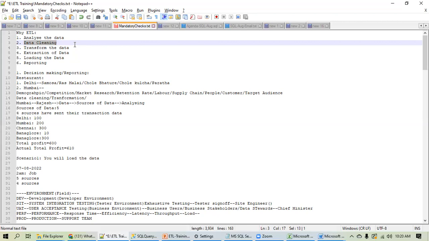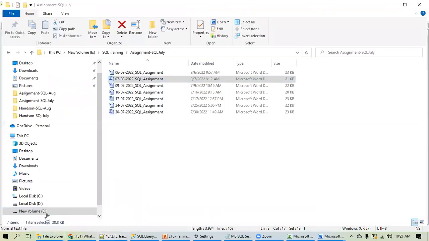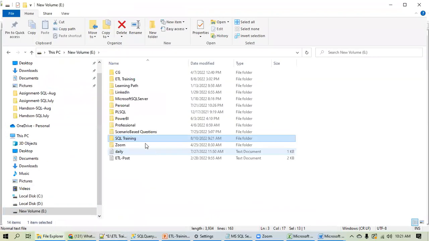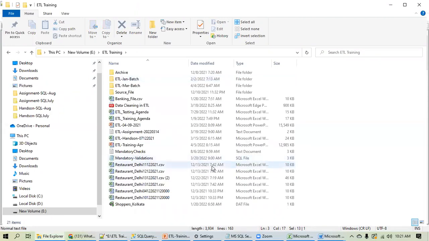So suppose if the data is not clean, it would be difficult to get the output in the desired way. Correct. That's correct. Sorry, I have a bad throat. I'm sorry for that. I'm struggling. So I'll tell you why it is required.